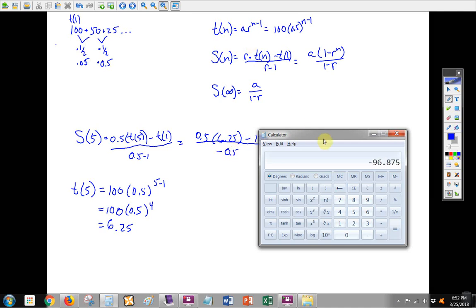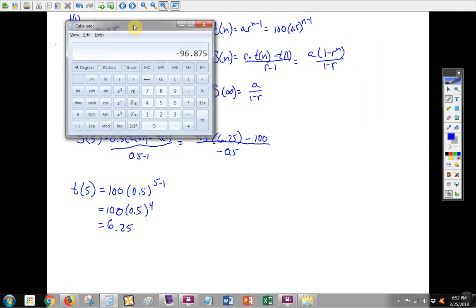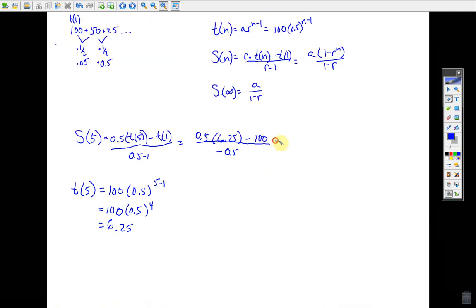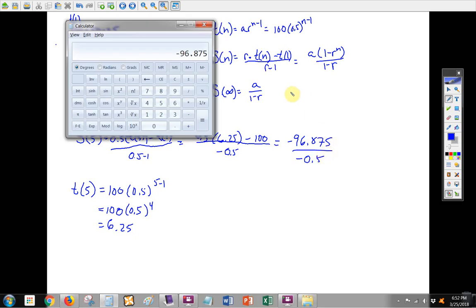So on the top we have negative 96.875 over negative 0.5, which would give us positive 193.75.